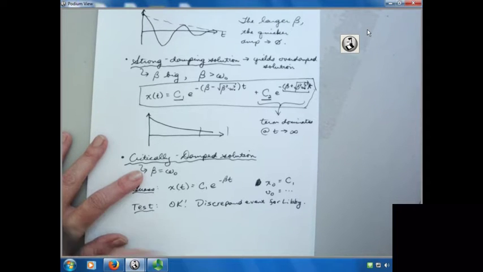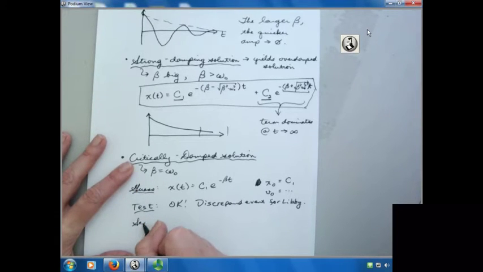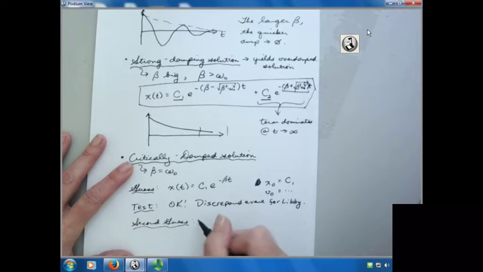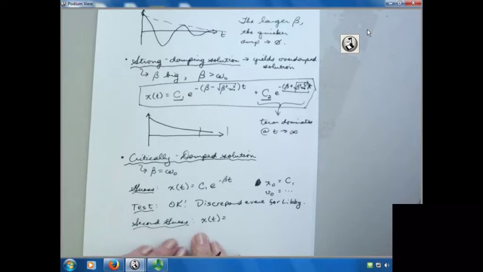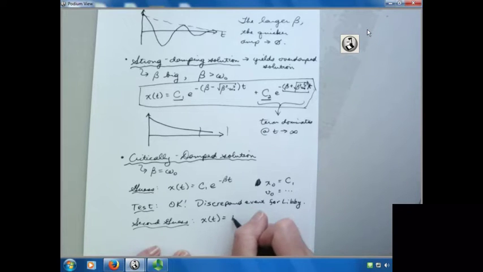So what I notice is a second guess. The second guess is that x as a function of time is equal to time times a constant, a different constant now, C2, e to the minus beta t.